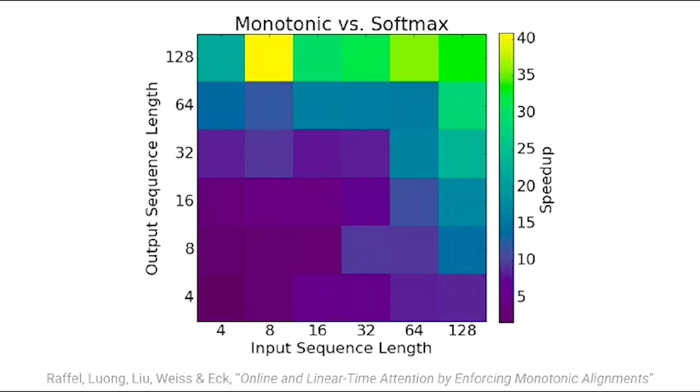And you should also recognize that if you have a model with a very large RNN encoder and a very large RNN decoder, those things are going to take up a lot of the computation in your model. And so you can think of these speedups as sort of an upper bound on what you might expect to get in practice, depending on the size of your model and your input and output sequence lengths.